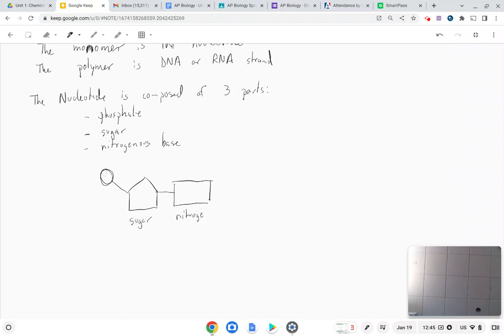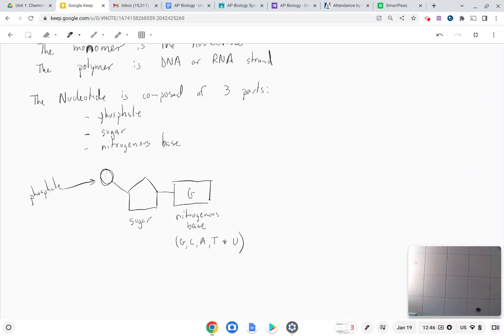And by the way, that would be like the letters as we know them, right? G, C, A, T, and maybe uracil if you've got RNA. Is this bringing back memories from freshman biology? So the nitrogenous base is like guanine or whatever. And then this is, of course, the phosphate.